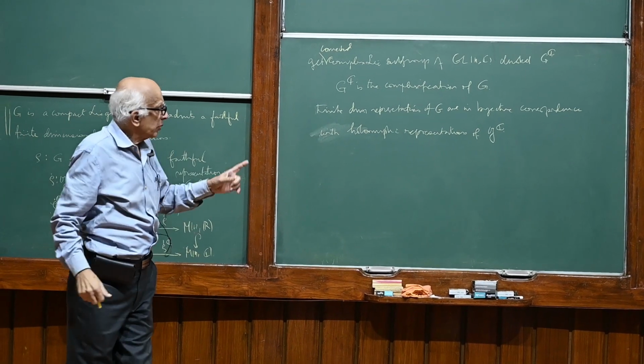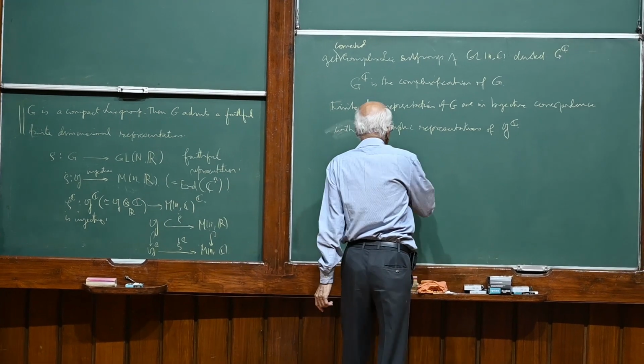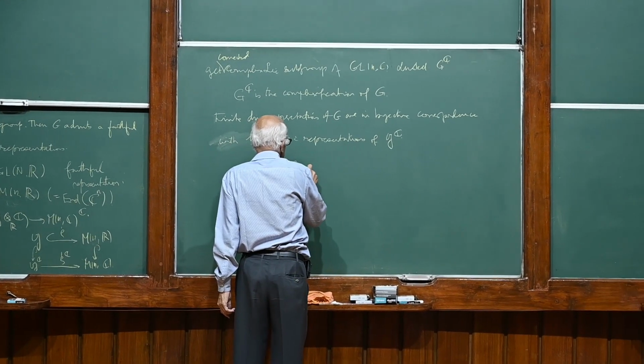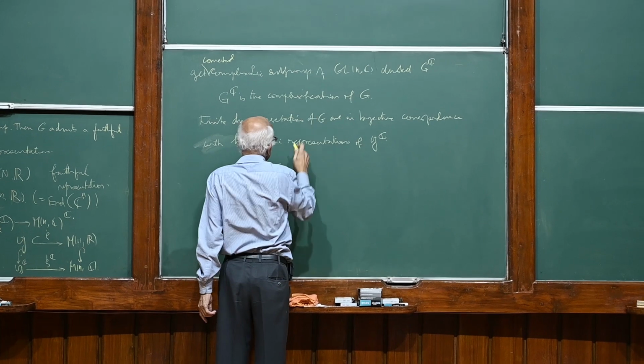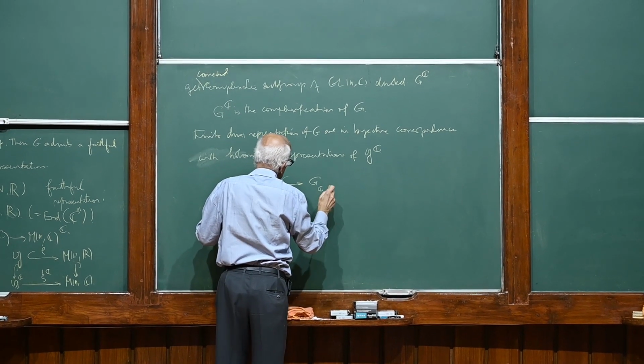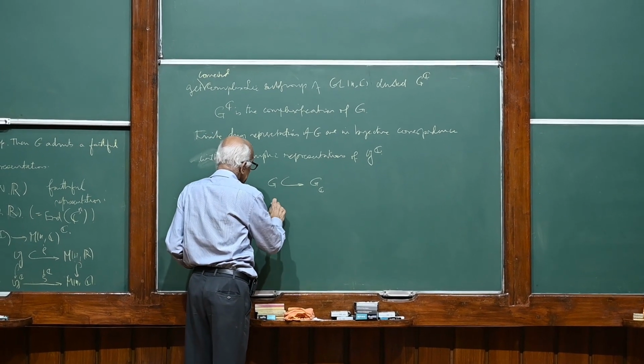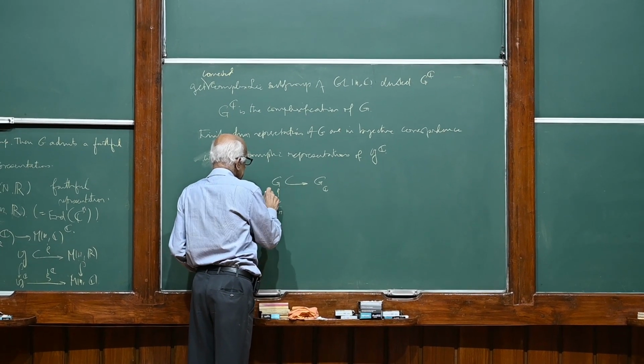But then the point is that if you look at the inclusion of G sitting inside G_C, and we know the fundamental group is finite, so you get G tilde with a finite group here.